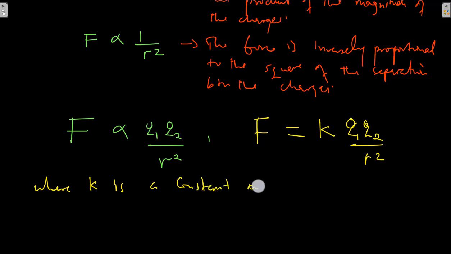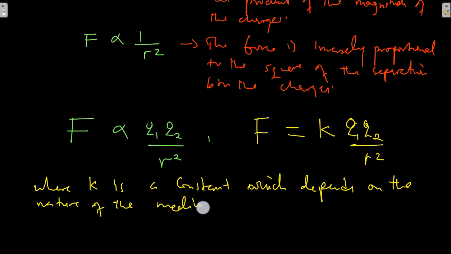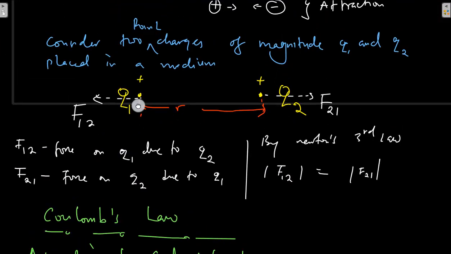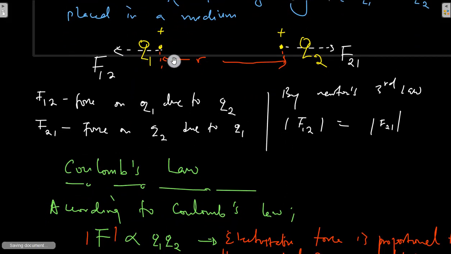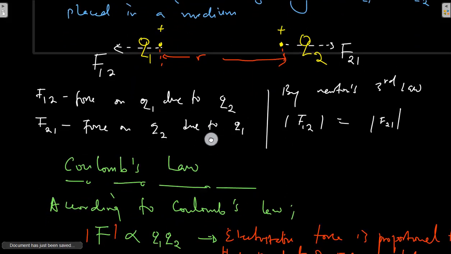And this constant k depends on the nature of the medium where the charges are placed. Remember our original assumption: we said consider two charges, q1 and q2, placed in any medium.